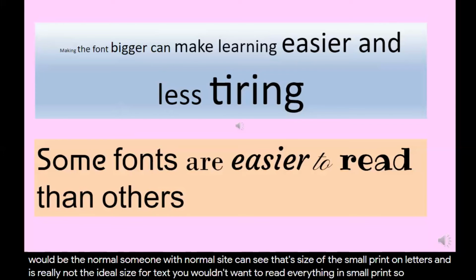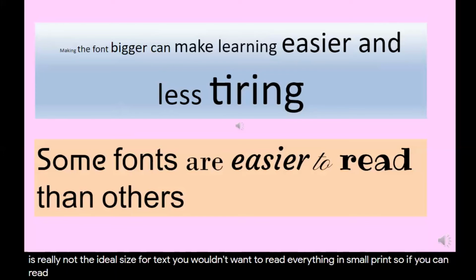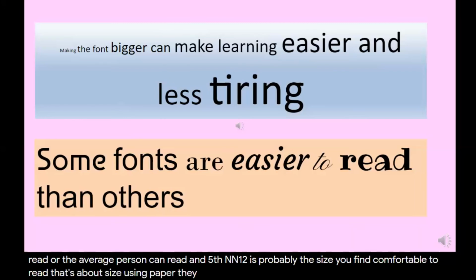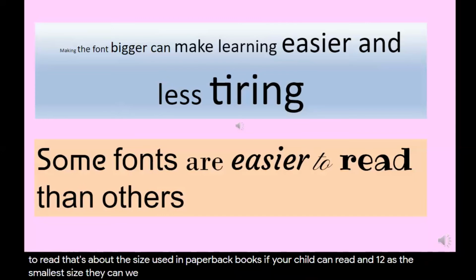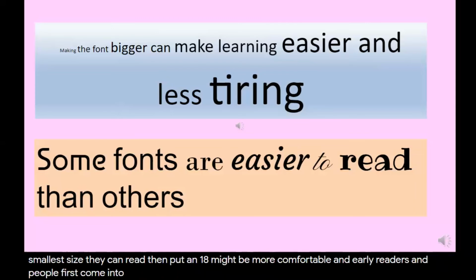So if the average person can read N5, then N12 is probably the size you find comfortable to read. That's about the size used in paperback books. If your child can read N12 as the smallest size they can read, then perhaps N18 might be more comfortable. And for early readers and people first coming to print, a size or two bigger than that might even be better.